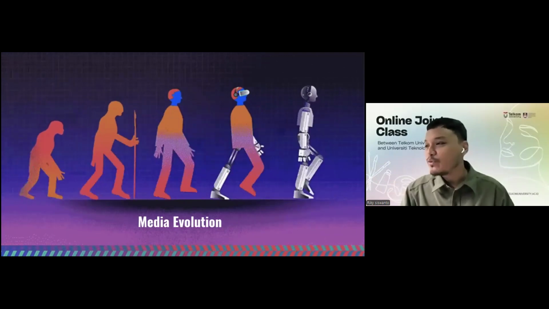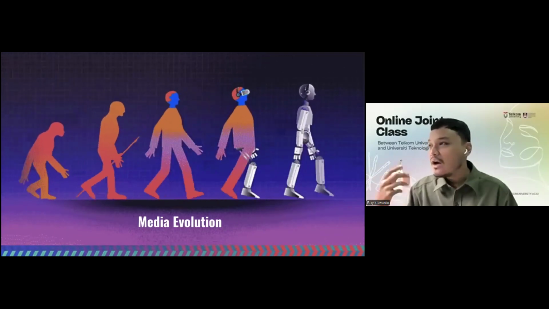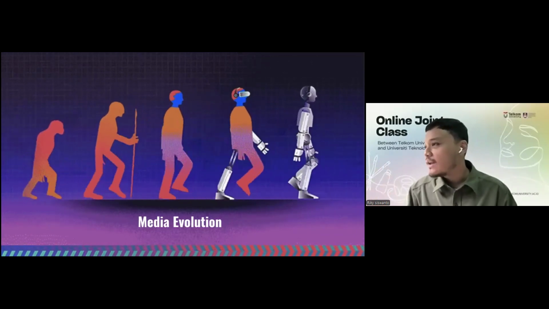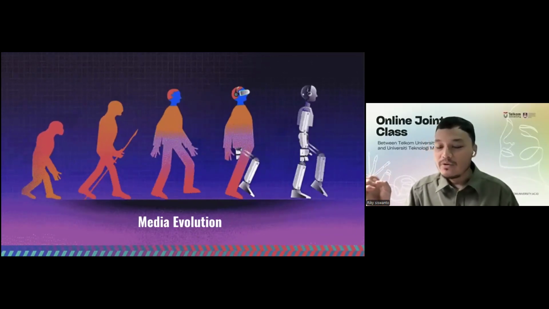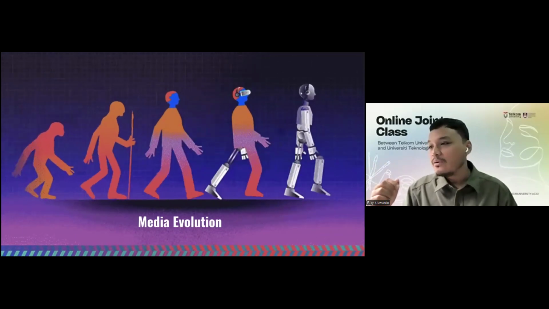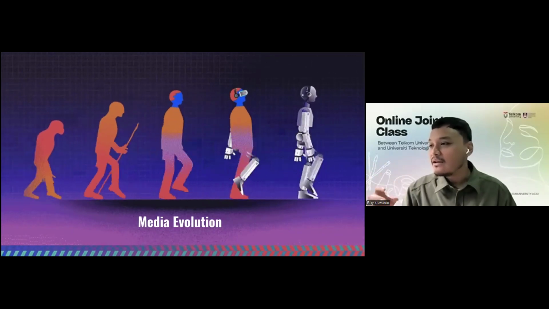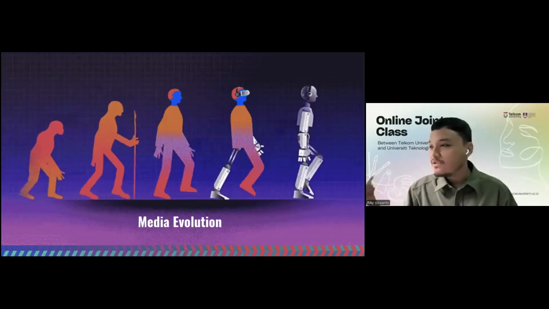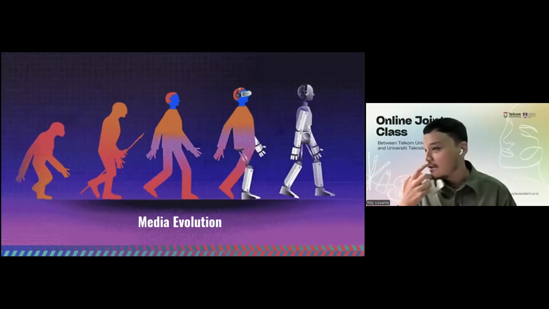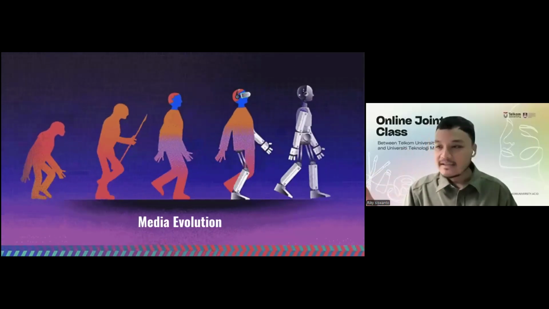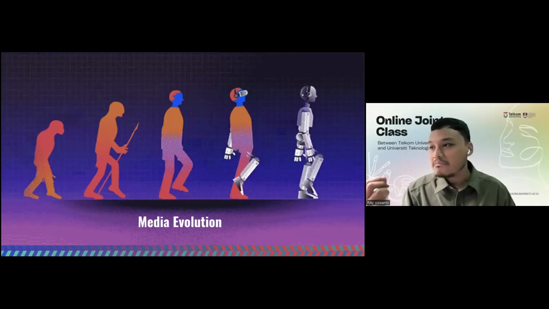So as a designer, we need to adapt. We need to be aware of what sort of media we have right now, and we need to be strategic to be able to survive, and not just use it without good consideration. So graphic design is mostly about media.